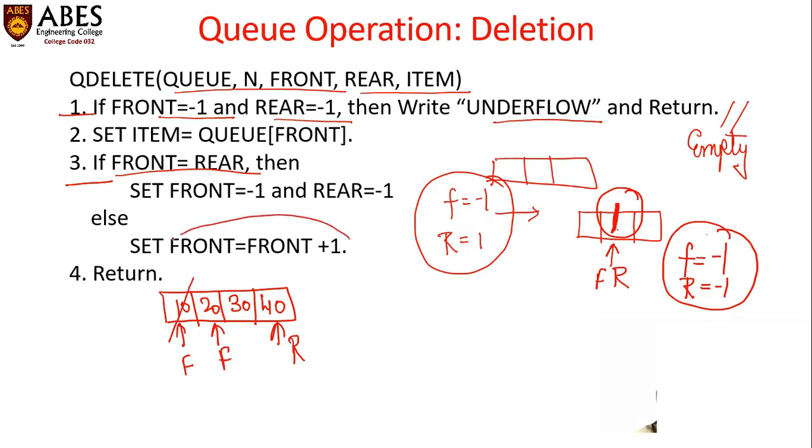In this case, this step will be executed. Okay, so this is all about the queue concept, including the insertion operation, including the deletion operation. It always follows the first in, first out policy or first come, first serve.